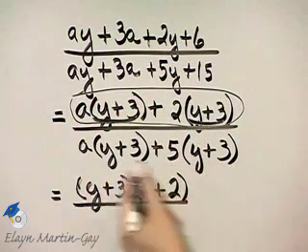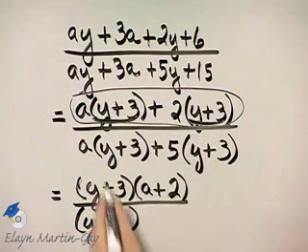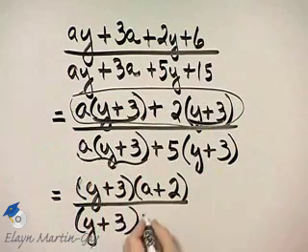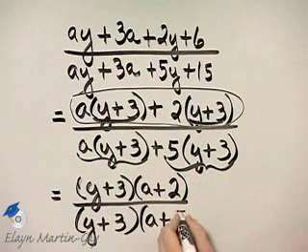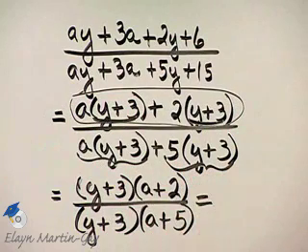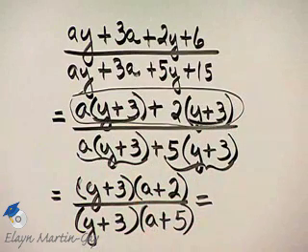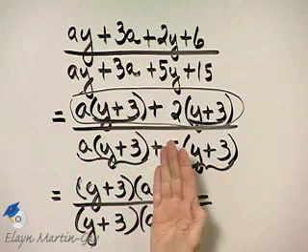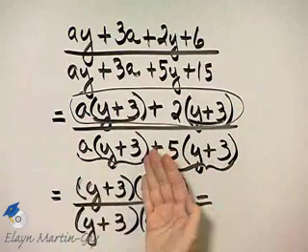Same thing down here, common factor of y plus 3. When I factor it from this term, I have left a, plus when I factor it from that term, I have 5. Now I've factored. This is multiplication, this is multiplication. Notice I have y plus 3 over y plus 3, and as long as y is not -3, this is 1.